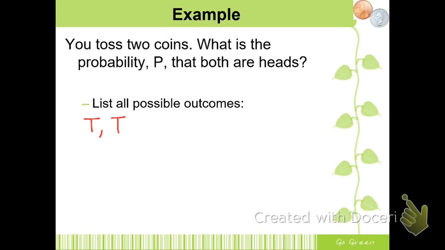Or I could get a heads for one and a tails for the other. Either a tails first and a heads second, or a heads first and a tails second. Or both of my flips could be a heads. So that's every possible combination for flipping 2 coins and getting either heads or tails. There's 4 of them, so that's my total number of outcomes.